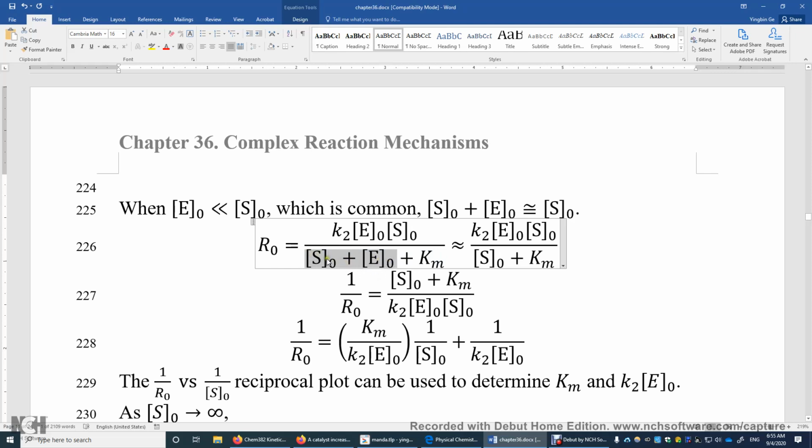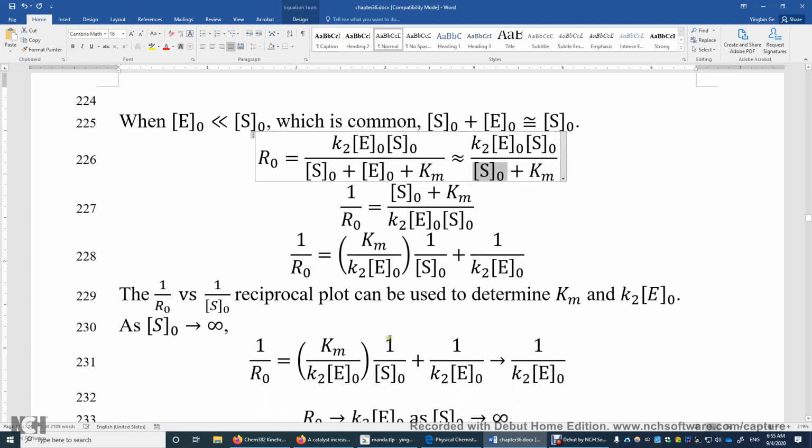Just imagine this S naught is 1 million, E naught is 0.001. 1 million plus 0.001, what do you think? It's 1 million. Alright?